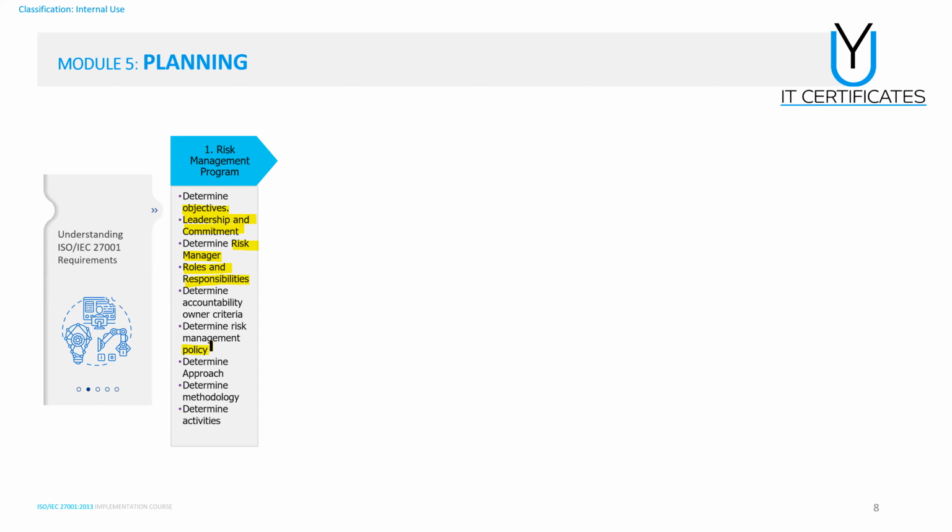Phase number 2 will be the context establishment. And by the way, my friends, it will be exactly the same as what we discussed the day before yesterday. Context establishment will try to understand the organization context.